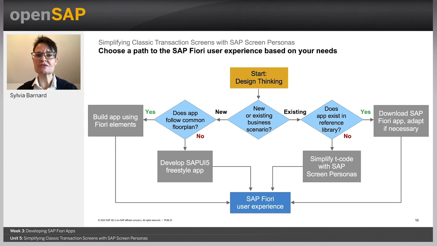So let me summarize. There are several approaches for you where you can decide what to do. And it does also mean that for you the solution might be that you build something with SAP Screen Personas and that you also develop your own app with Fiori elements, depending on your focus and your needs.